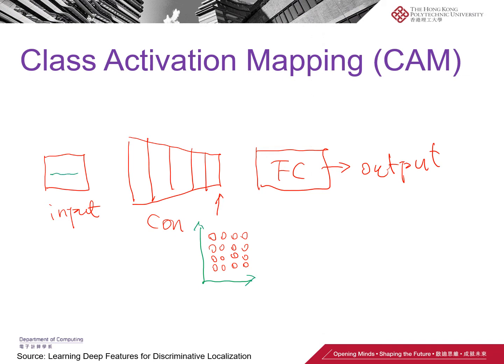Let's see if there is an airplane in that image. There are supposed to be some neurons corresponding to the airplane. So those neurons are supposed to have a higher response if we are predicting something like an airplane. This is one piece of information we can use.